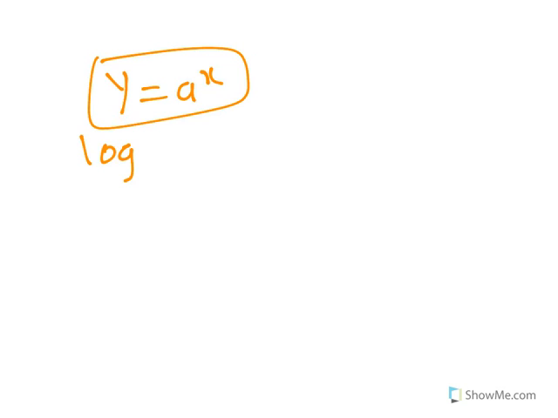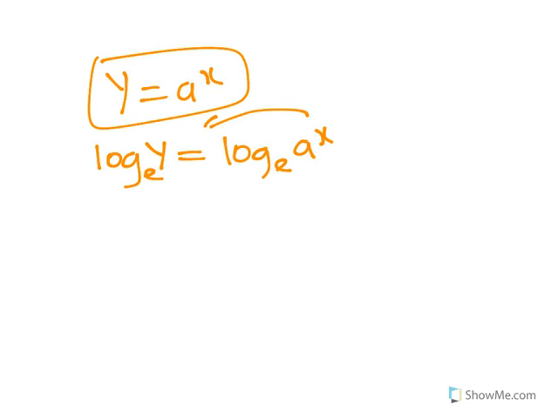Now I might just do a quick proof with the a to the x, just to show you. The first thing you could do here to work out how to do it is if you log both sides, so you get log y, and I'm going to make it base e because we know the rule for differentiation of base e.